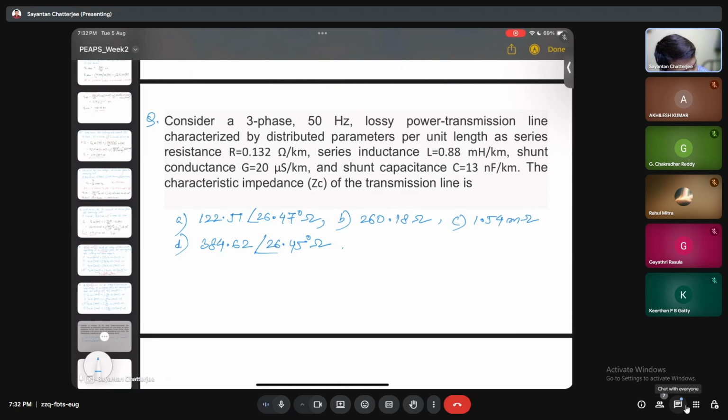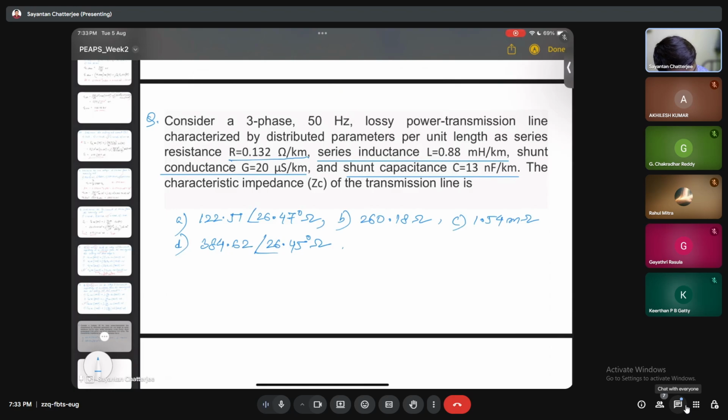Consider a three-phase 50 Hz lossy power transmission line characterized by distributed parameters per unit length: series resistance this value and series inductance this value. Shunt conductance is this one and shunt capacitance this one.